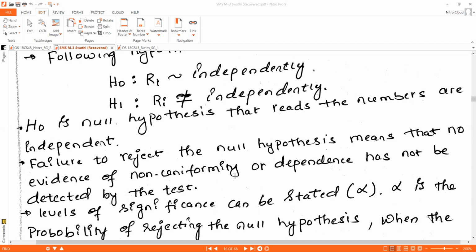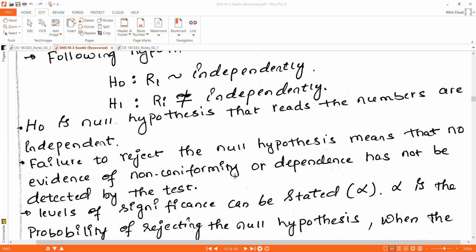If the hypothesis is not rejected, then the numbers are random numbers. There is no dependency, and these are uniform numbers: the random numbers follow uniformity and are independent.